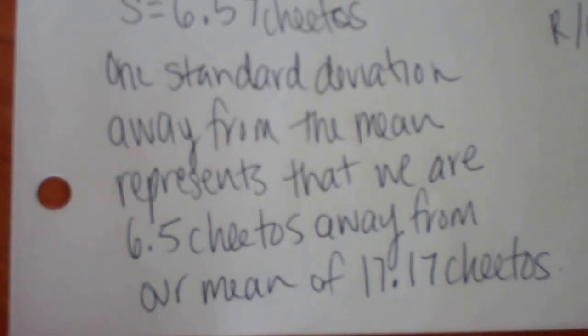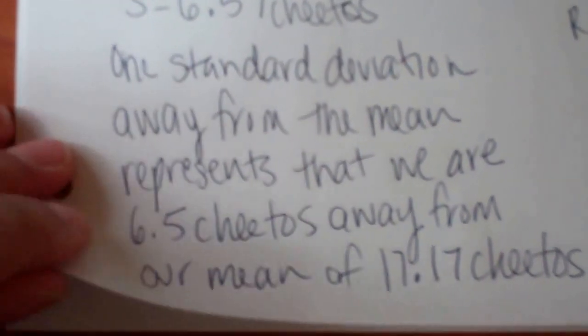Then we can actually have 2 standard deviations. If I'm 2 standard deviations, then we would multiply by 2, and I was thinking 12.25 Cheetos away, if I did my calculations correctly. Oh, I'm sorry, that was wrong, it's 13. So let's write that up on our sheet.